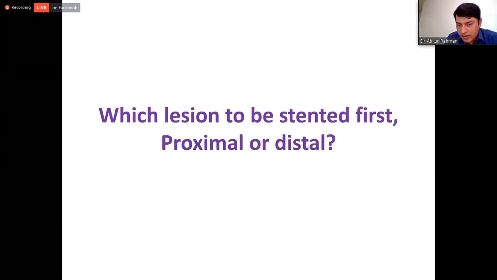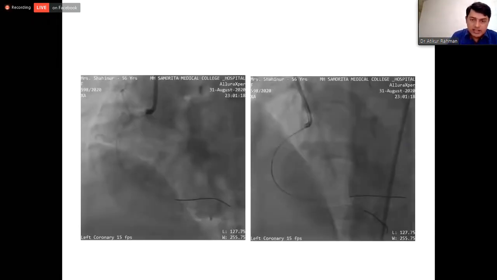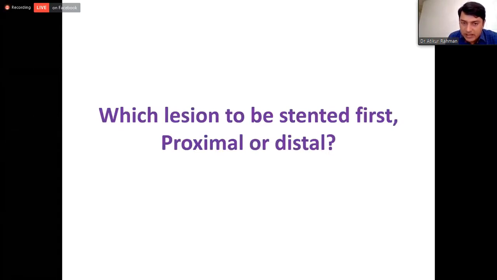As the MI occurred due to the distal lesion, we planned to stent the distal lesion first because it would be only a matter of a couple of minutes. And as the dissection was iatrogenic and still type B, we planned stenting the distal lesion first.